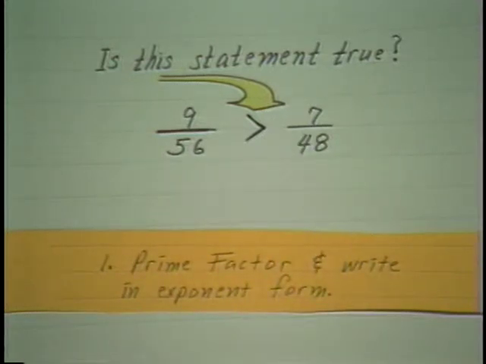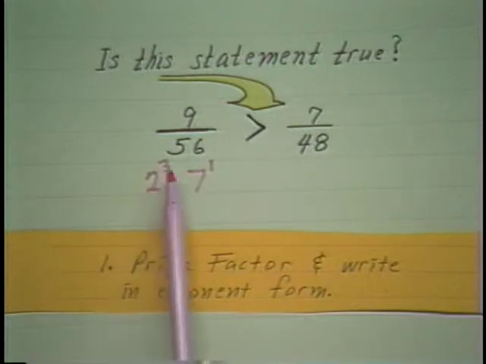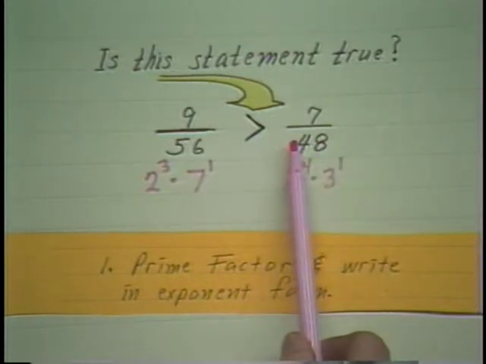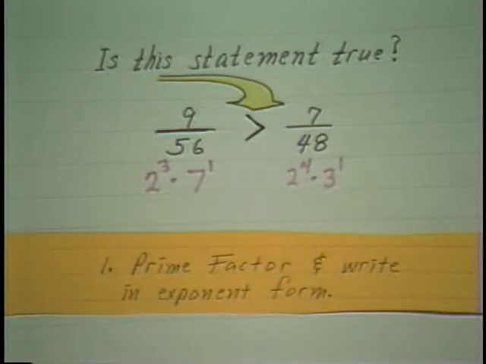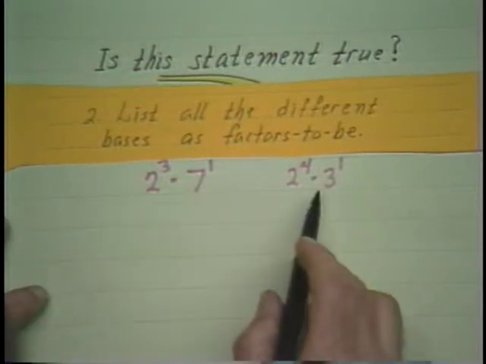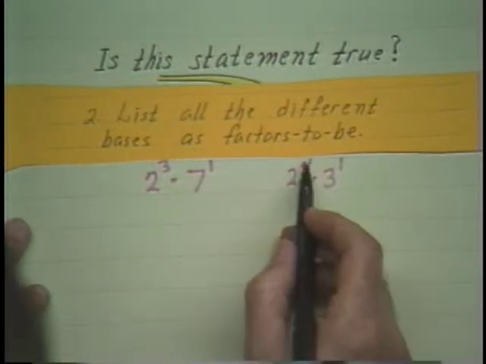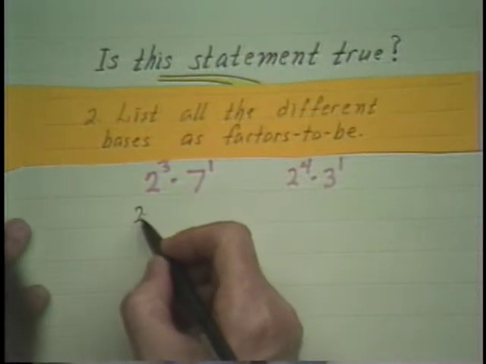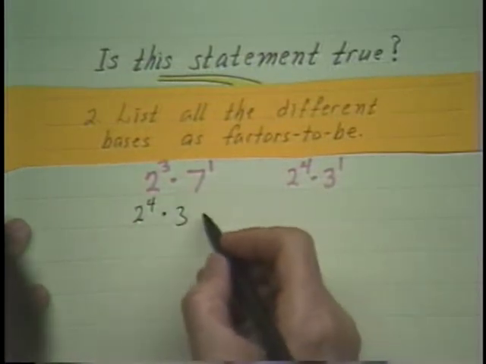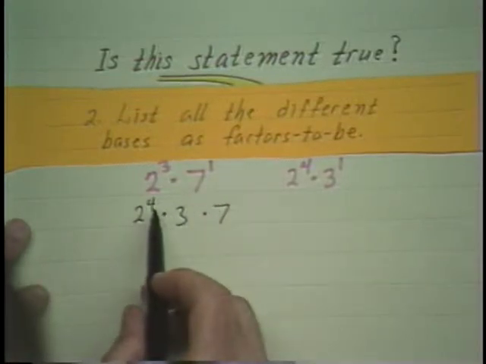So doing that, we get 2 to the third power times 7 to the first power for 56, and 2 to the fourth power times 3 for 48. Then the next thing we do is list all the different bases as factors to be. So let's see, I'm going to have 4 2's, then I have a 3, then I have a 7.